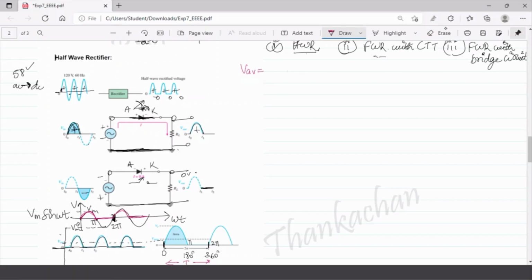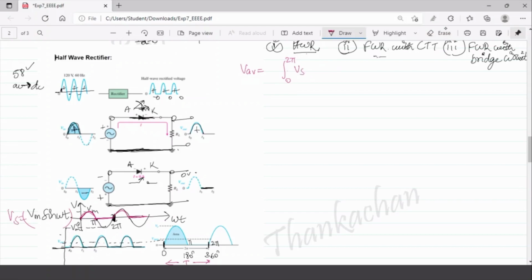What is this function here? This function is basically Vm sin omega t. So integration of this function from 0 to 2 pi, the function is Vm sin omega t, or whatever your function here is. Let us say the source voltage is Vs equal to Vm sin omega t.